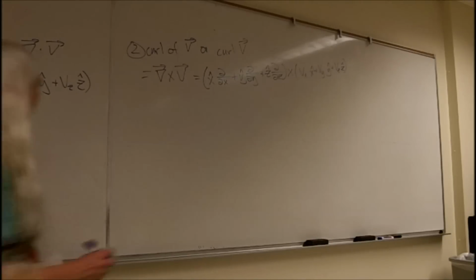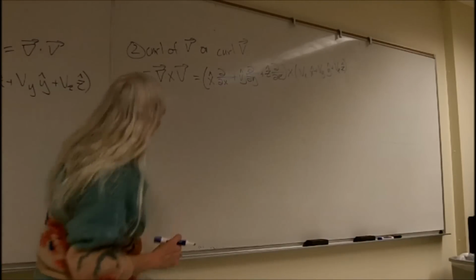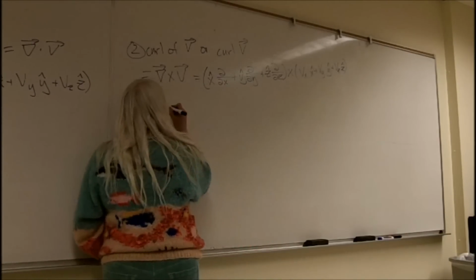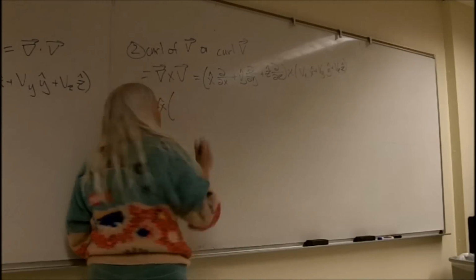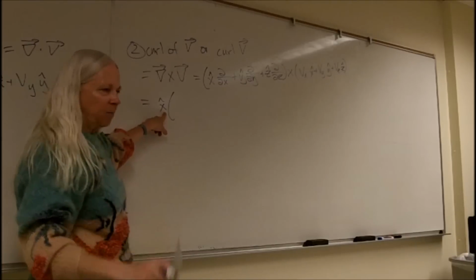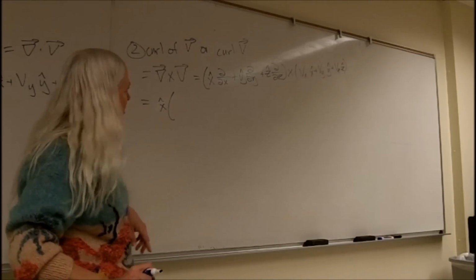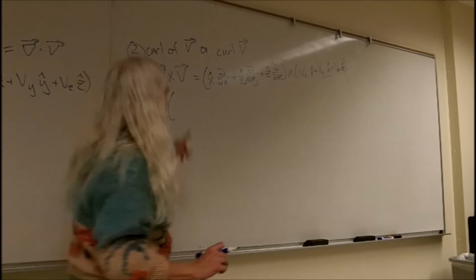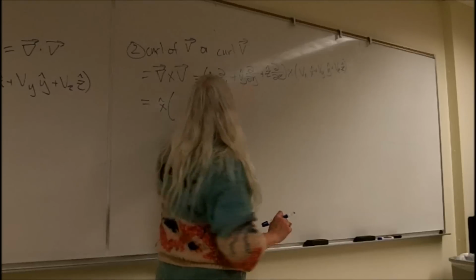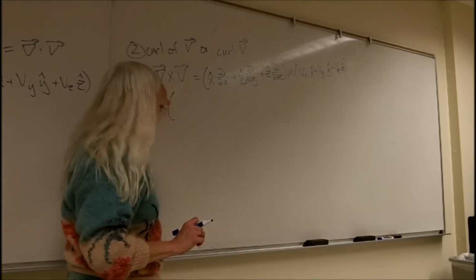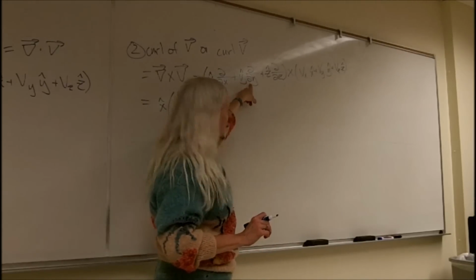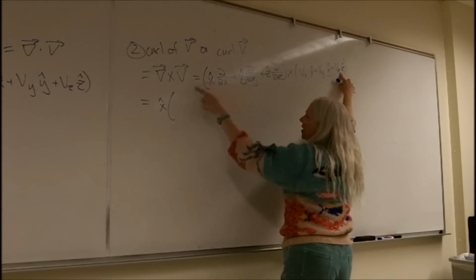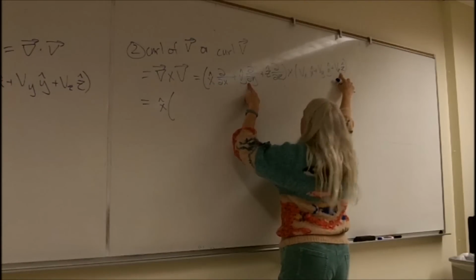Okay, so you've got to remember how cross products work. For a cross product, the way to find the x component of the result, in other words, the coefficient of the x hat unit vector, is I take the y component of the vector that's first in my cross product, that's the del vector, so here's its y component, and the z component of the vector that's second in the cross product, namely v.